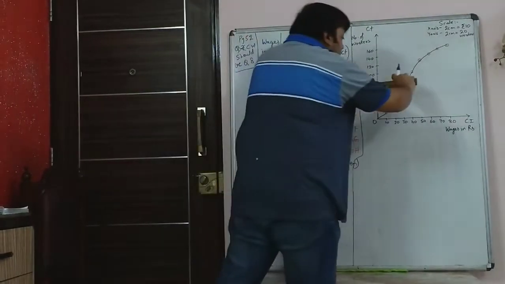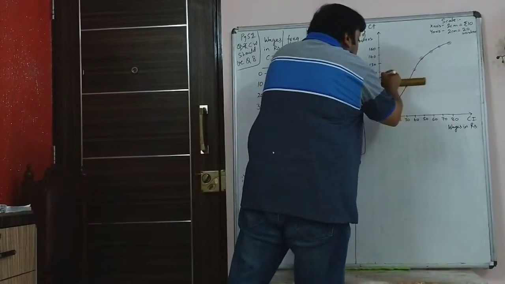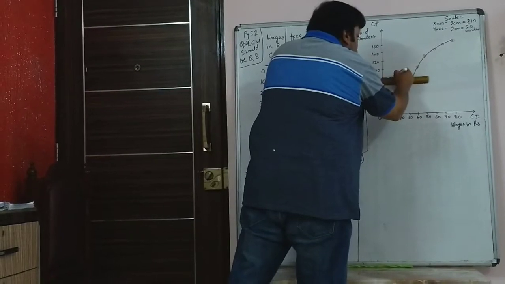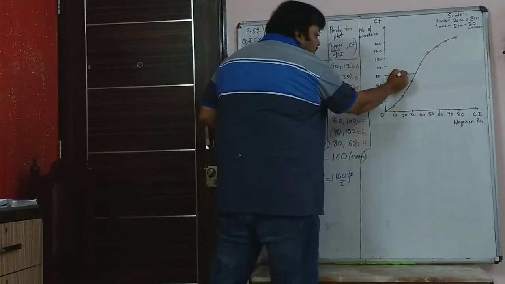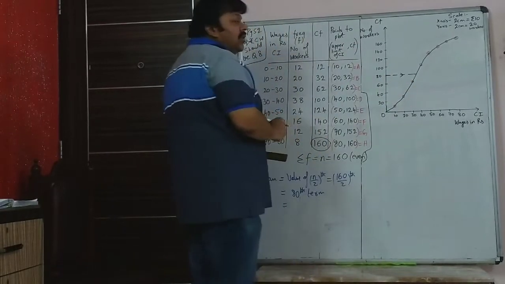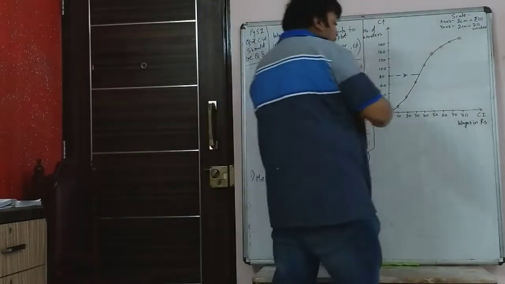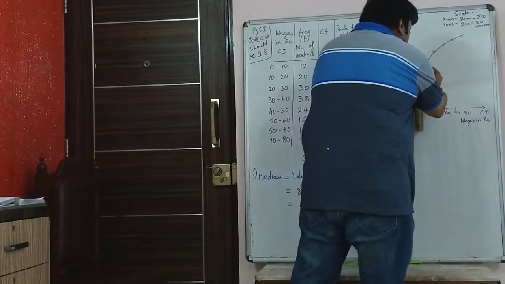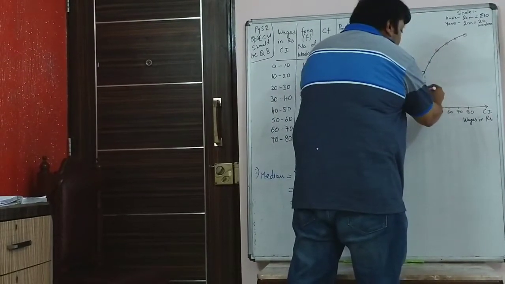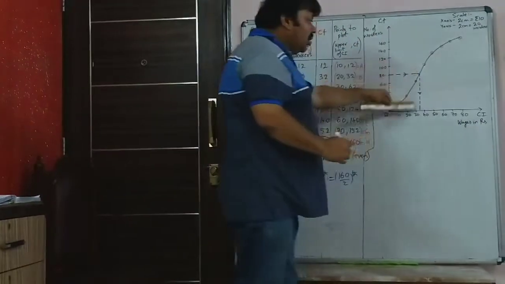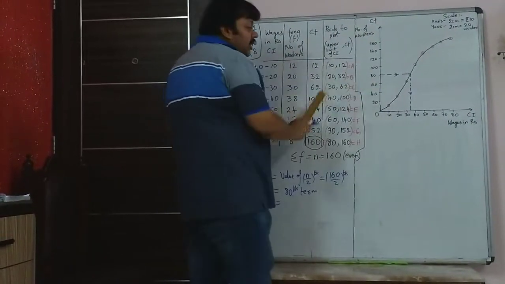So from 80, I draw a dotted line. It should be a dotted line. It should reach the curve. Since I went in this direction, I am showing the arrow. And from there, I go down to the x-axis, and since I have gone down, I am showing a down arrow.